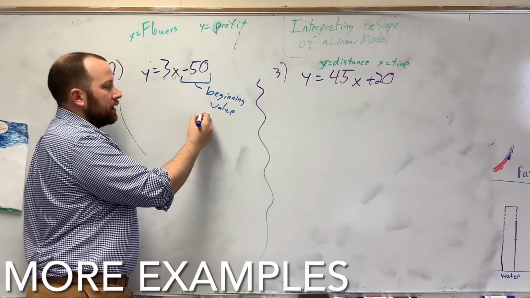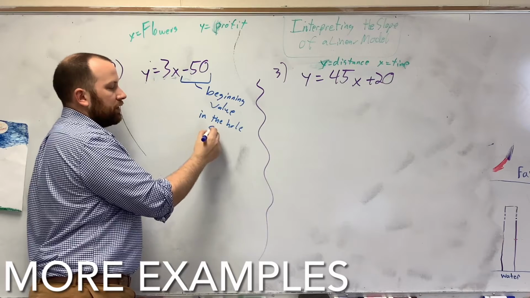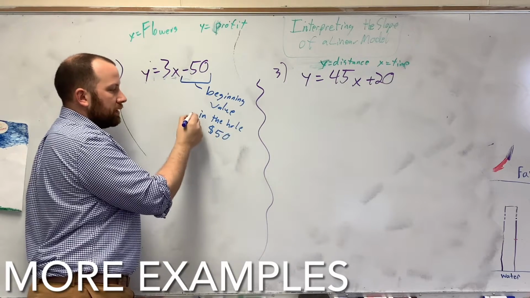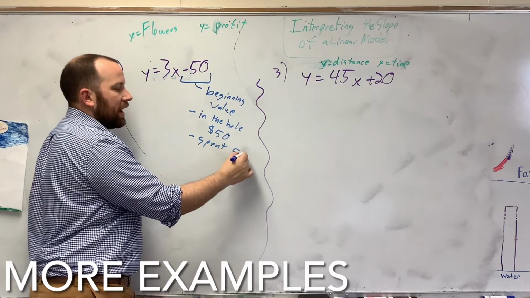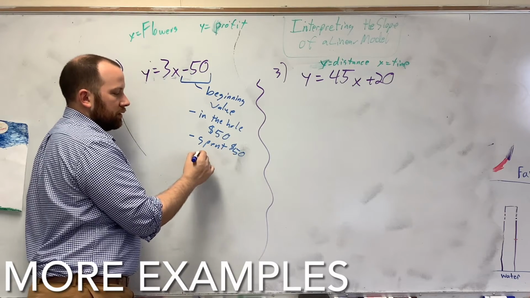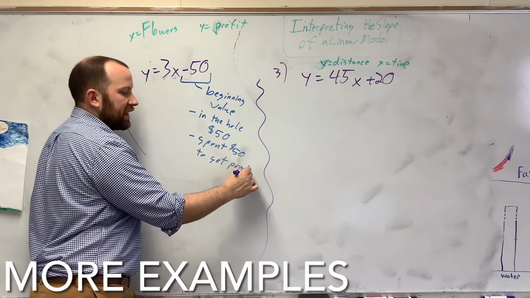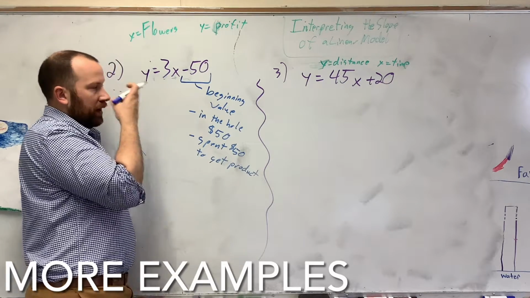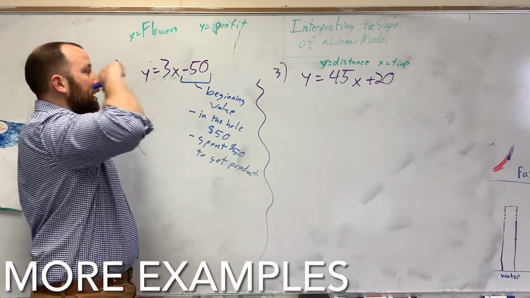So that means I'm in the hole $50, or I spent $50 to get ready, to get product, or in this case, flowers. So I've already spent $50 for all of these flowers.